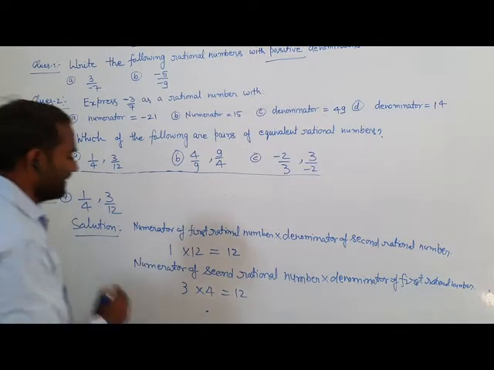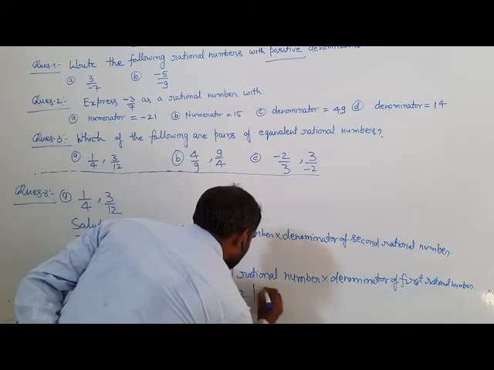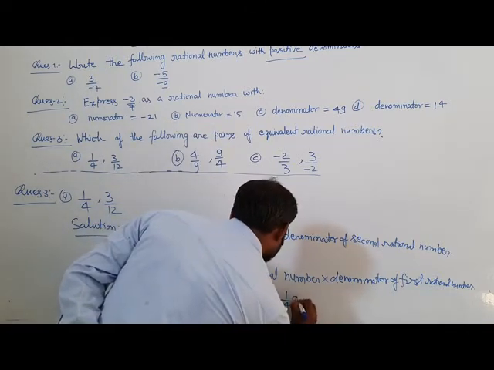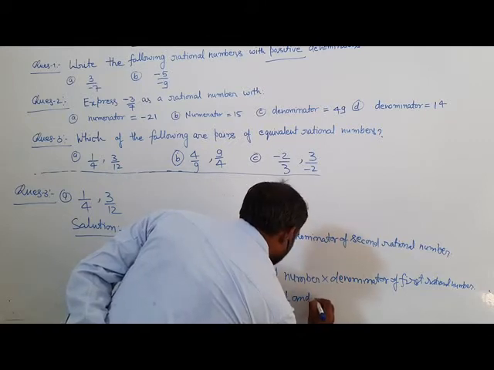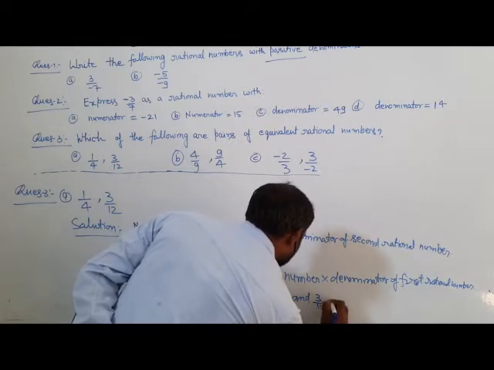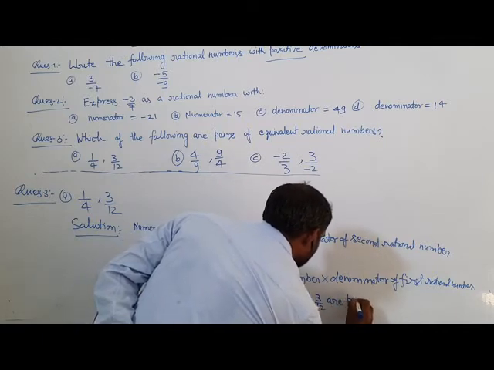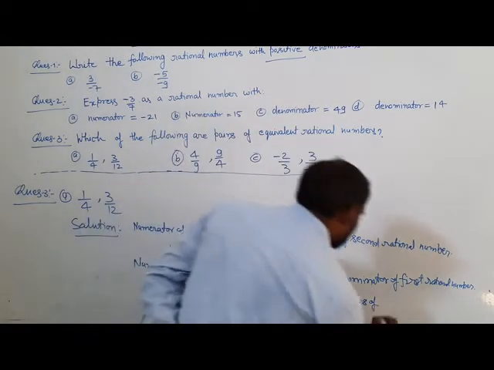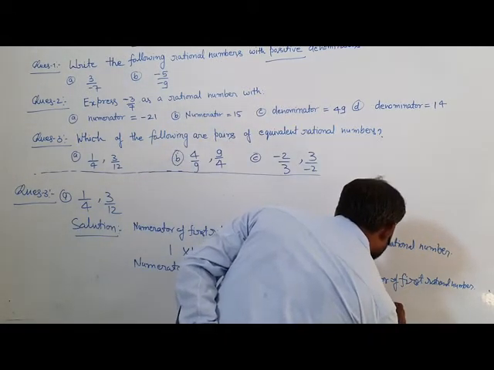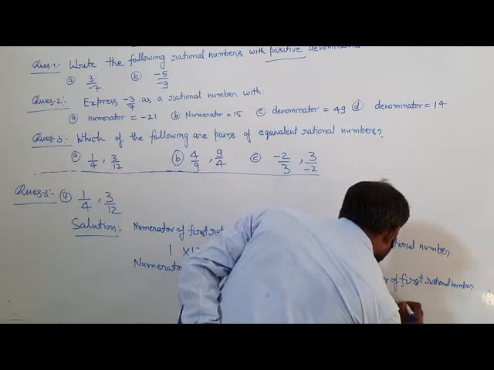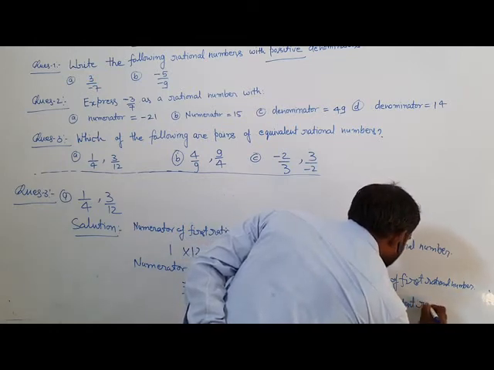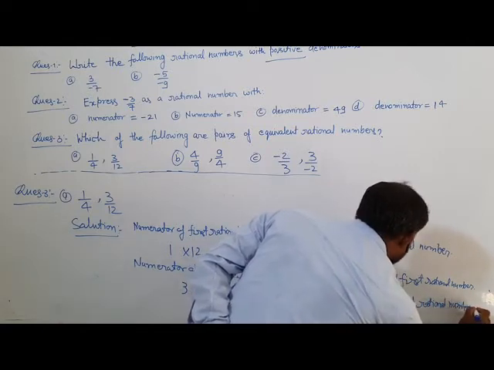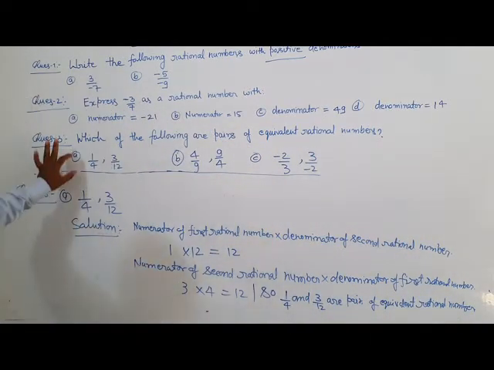So you can say that 1 by 4 and 3 by 12 are a pair of equivalent rational numbers. So this is the solution of option A.